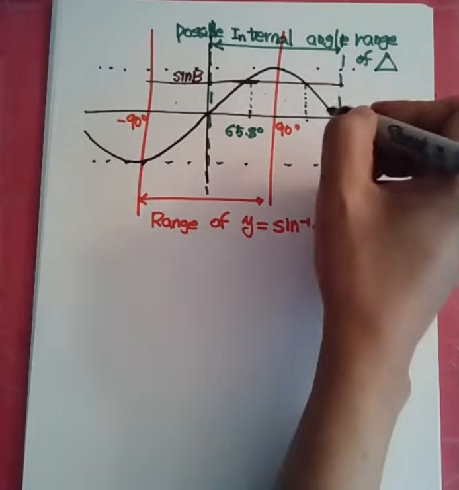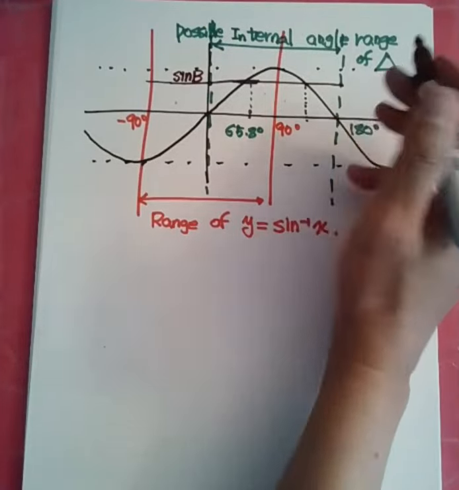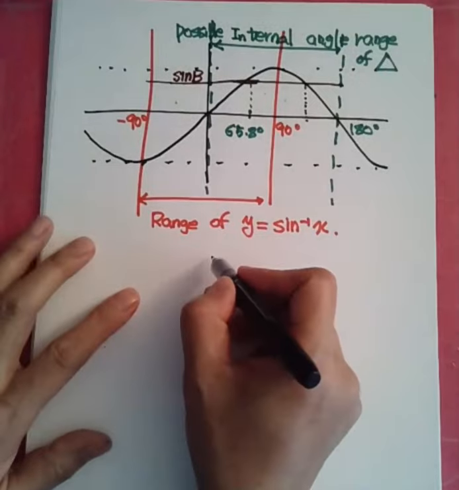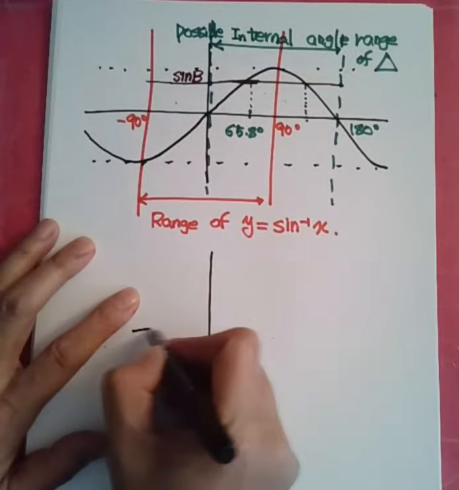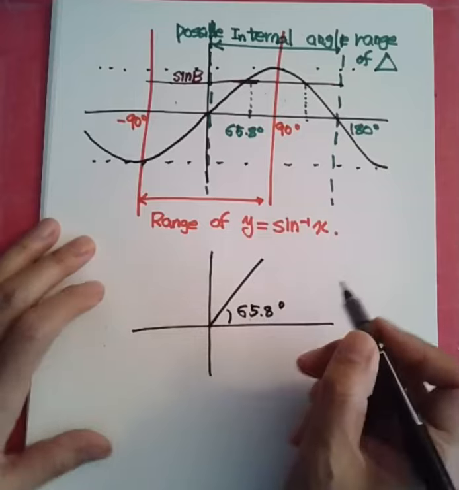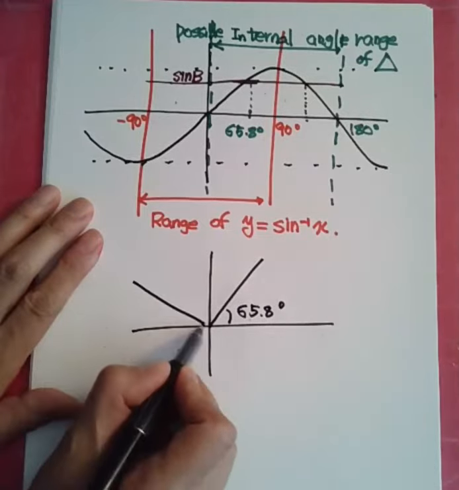We can get this angle by thinking about the reference angle. Again, when we visualize, here we have 65.8 degrees, and there is another angle here.